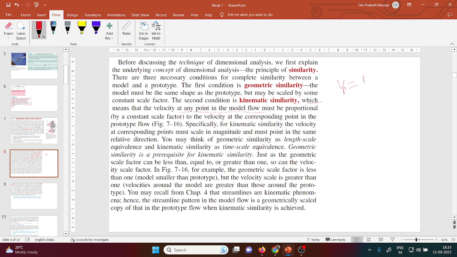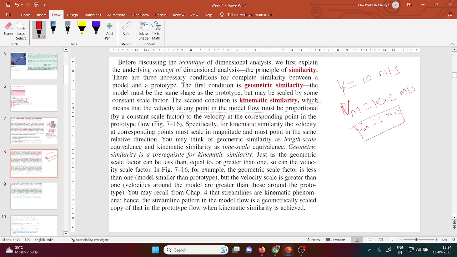Say it is 10 meters per second, and you are going to design some velocity in the model. It should be some constant factor, let's say k times 2 meters per second. That is, in your model you are going to apply a velocity of 2 meters per second.